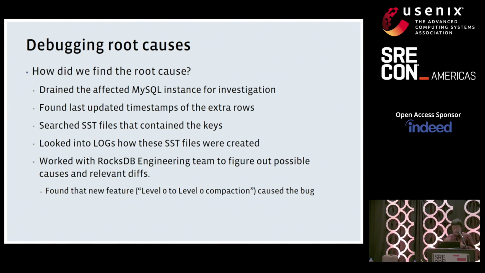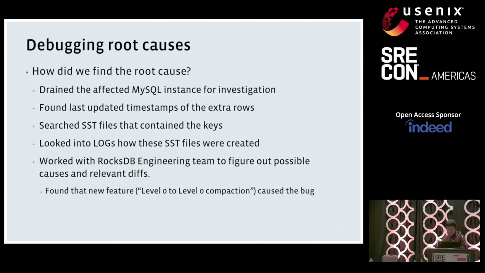We drained the affected MySQL instances for investigation and identified when the issue happened. We found the last update timestamps from the MySQL column, searched the SST files, the data files that contained the keys, and looked into the RocksDB log. RocksDB has a log file, of course, and we looked at how these files were created.